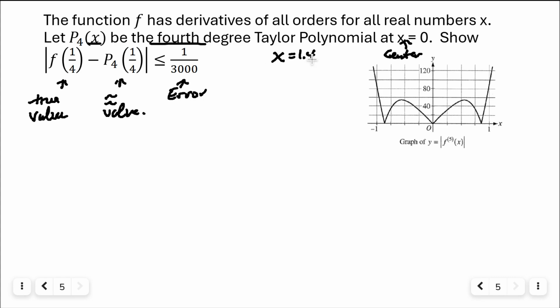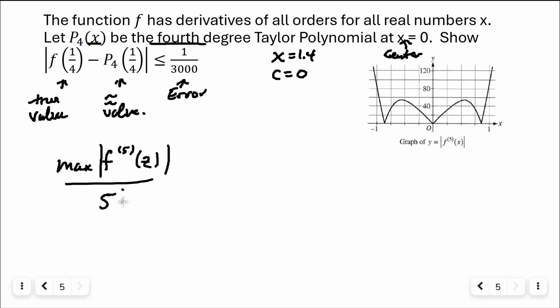So x is 1/4, the center is 0, so I'd have to go to the first unused term. If I use the fourth degree Taylor polynomial to find the approximation, then I have to go to the fifth degree term to make it happen. So I need to find the max of the fifth derivative evaluated at z over 5 factorial times x minus c to the fifth.